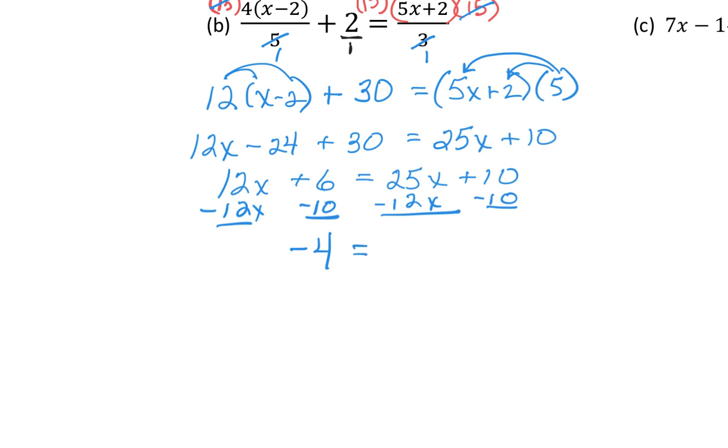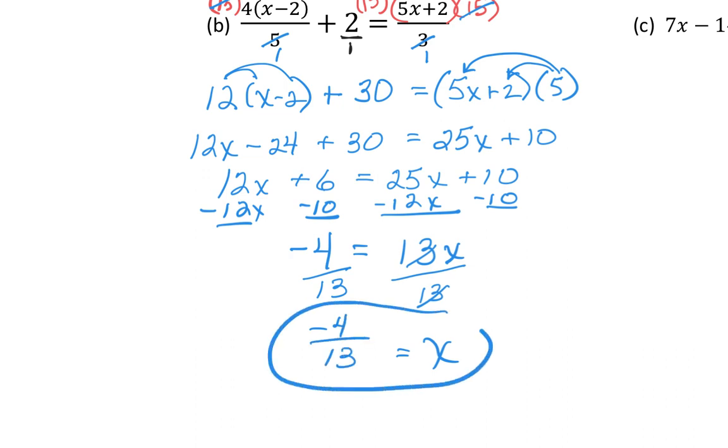And this would be 13x. We're almost done. Final step, divide both sides by 13. Those cross out. X equals negative 4/13. There we go. Okay, that's linear equations when there's a fraction.